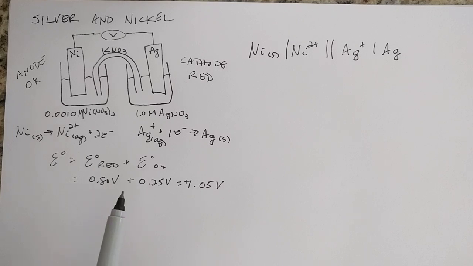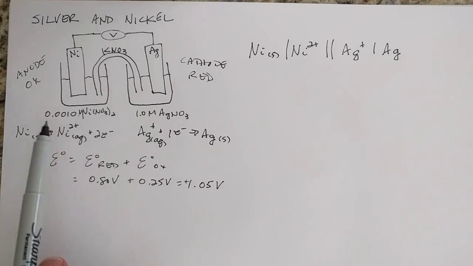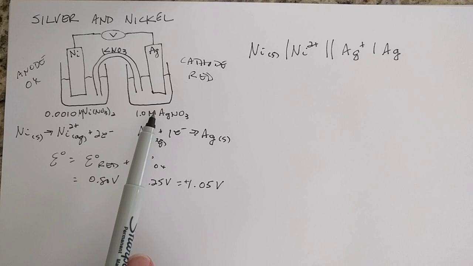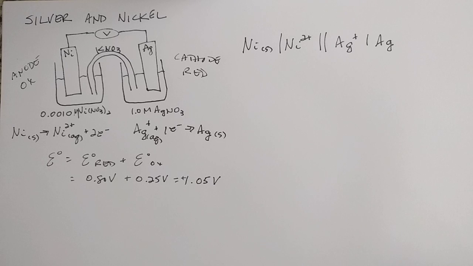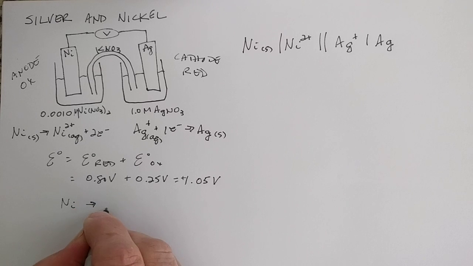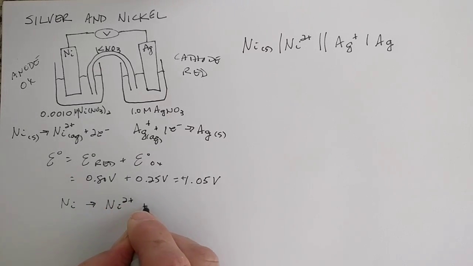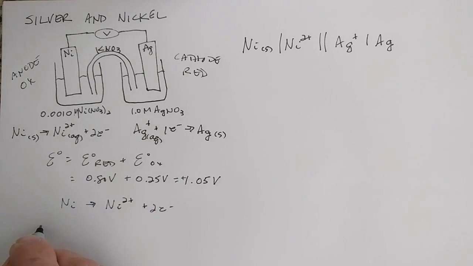Okay, so we want to calculate the E for the cell at these conditions, which are not standard state. So we need to be able to calculate our Q. For that, we want to write the balanced chemical equation to figure out what the proper Q is. So we've got our Ni going to Ni2+ plus 2 electrons, and Ag+ plus an electron going to Ag.